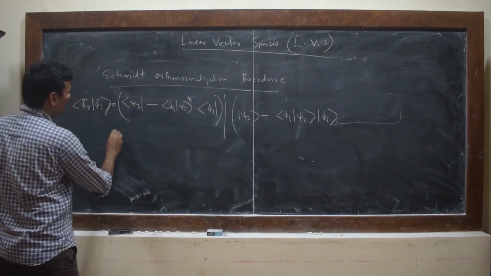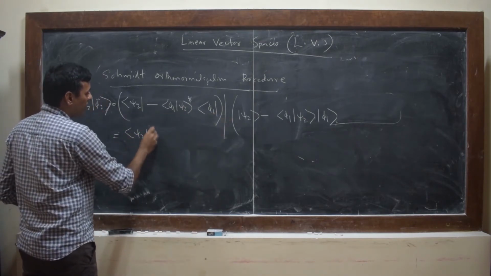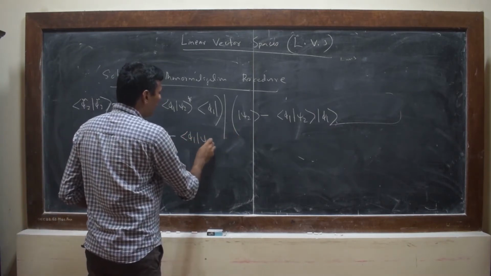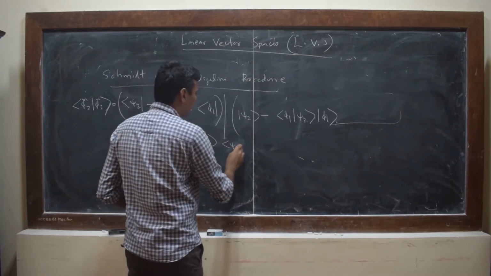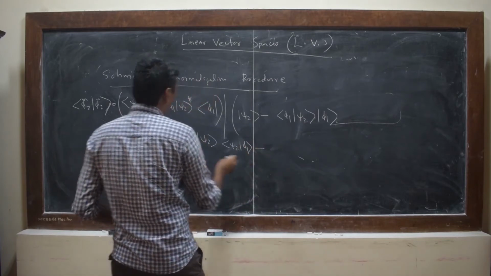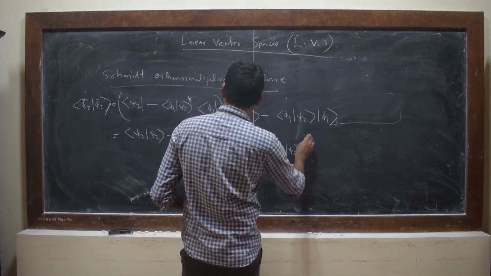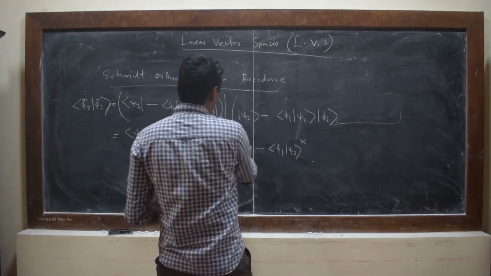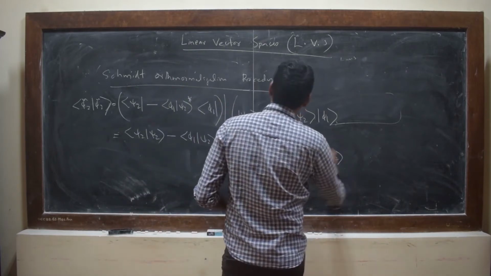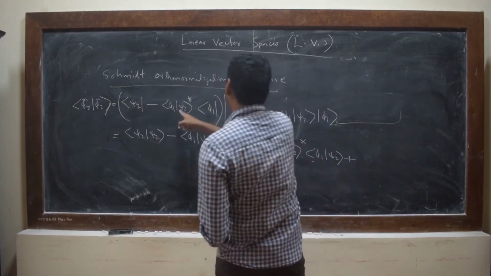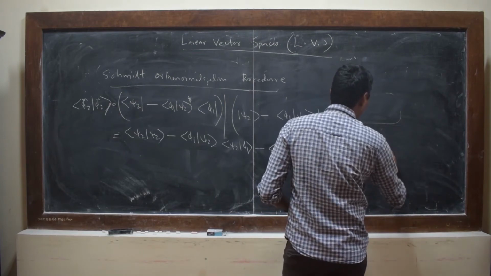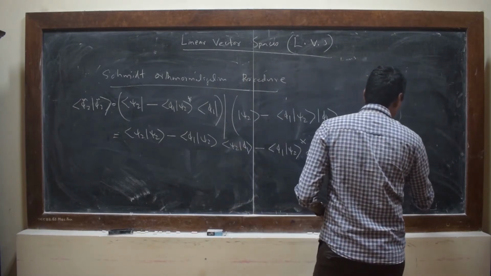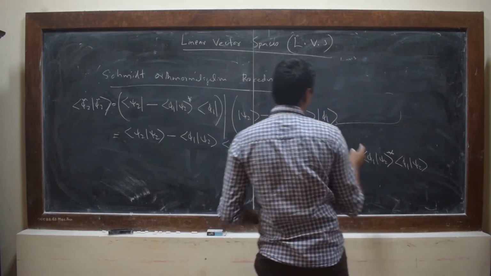So, if you take the inner product, the first term is psi 2 psi 2, minus phi 1 psi 2 times psi 2 phi 1, minus phi 1 psi 2 star into phi 1 psi 2, plus phi 1 psi 2 star into phi 1 psi 2, and then we have a phi 1 phi 1.